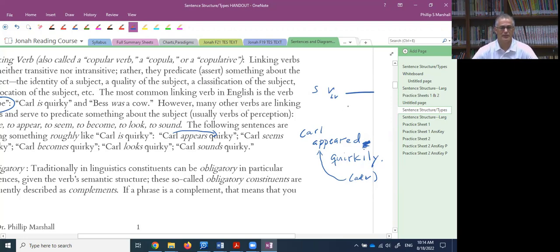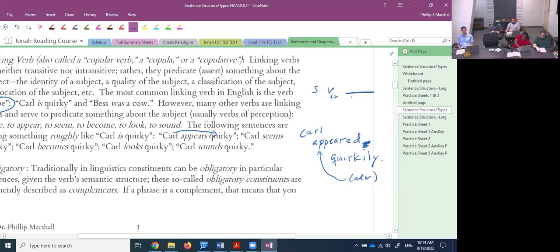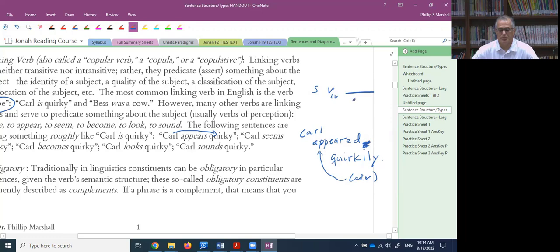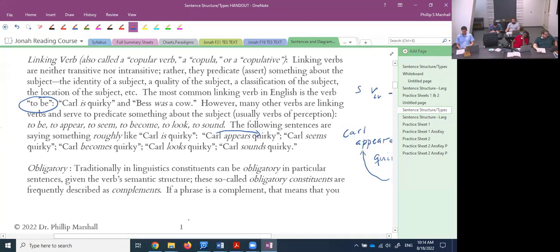When the verb is truly a linking verb, there has to be two parts there. So usually it's an adjective, but it could be a prepositional phrase. And it could be a noun as well, right? Bess is a cow, for example. All right, more about that later.